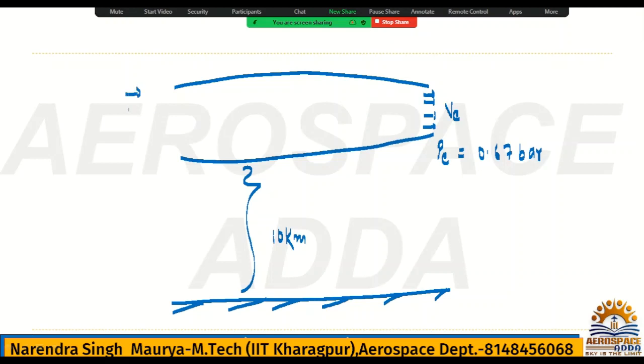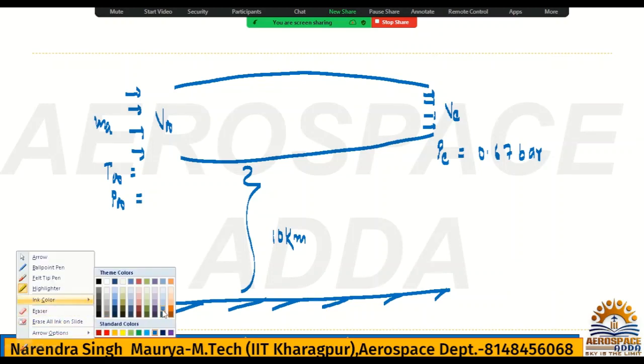So whatever the air, it is obviously V infinity, and mass flow rate will be m dot A. But at this altitude, temperature and pressure will be required, no? Because we don't know the condition at 10 kilometers, so we need to calculate that.